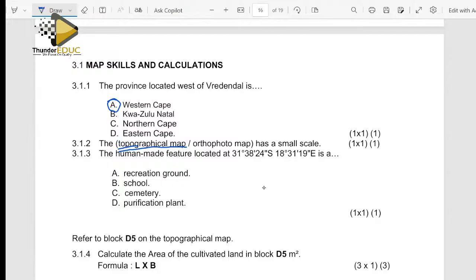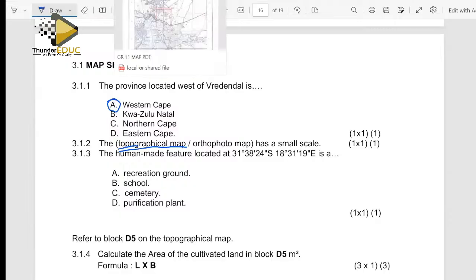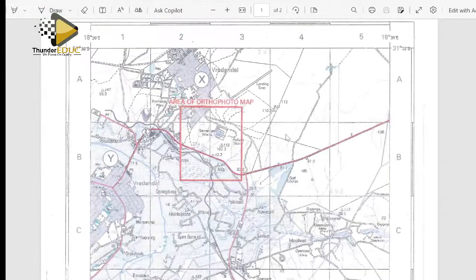The human-made feature is located at 31°38'24" and 18°31'19". Right, let's check from our map. This is our map.